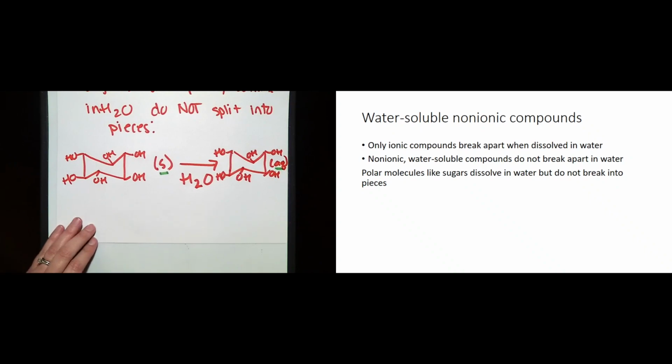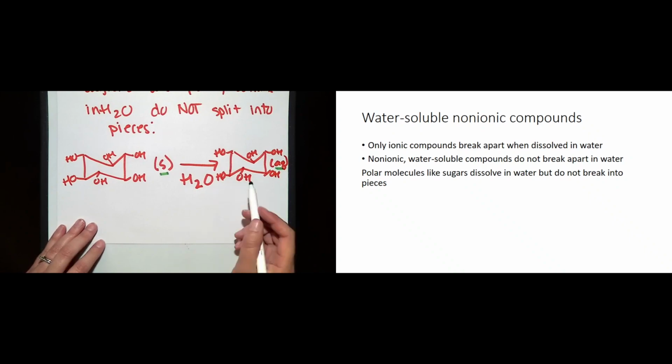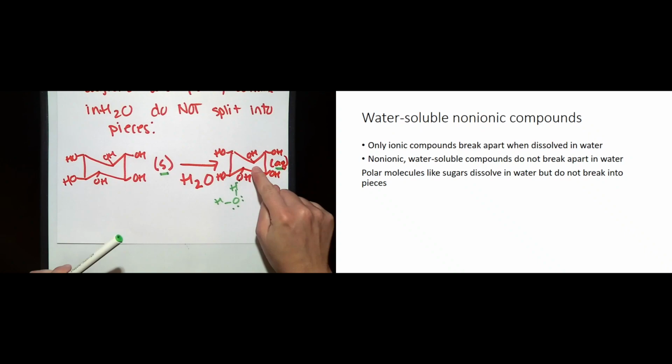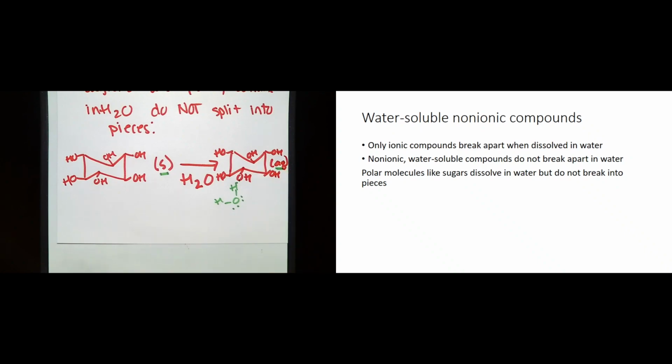Once it dissolves in water, we can't really see those individual crystals anymore because the molecules have separated. Now, they will orient themselves, and actually we'll see some hydrogen bonding going on once it's all in the liquid state. But we do not see the particles break apart.